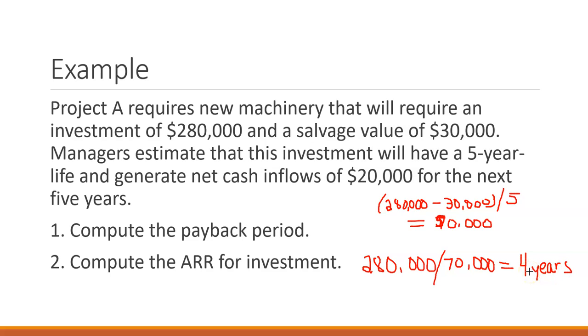The second calculation we're going to do for this is the accounting rate of return. So we're going to look at the inflows, the cash, divided by the average initial investment. So 20,000 in annual cash flows divided by, remember our average annual investment is the investment cost plus salvage value.